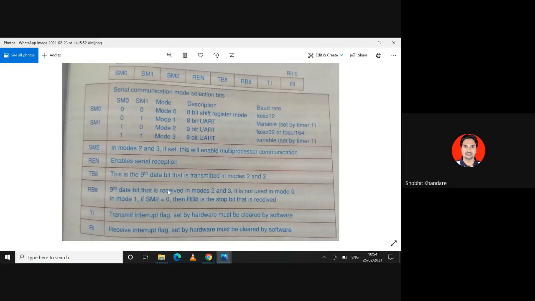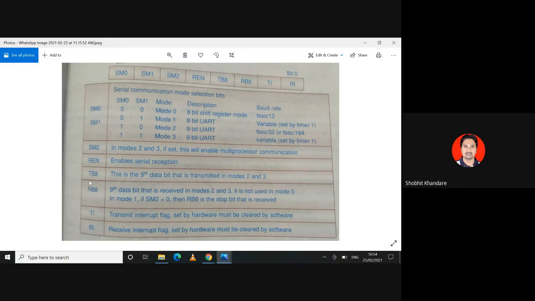Okay, इसका डिटेल एक्सप्लेनेशन will be done when I will be explaining these different mods. So do not panic about what is SM2 and all this. इतना याद रखना कि in mod 1 में अगर SM2 मेरा 0 है, then RB8 is the 9th bit which is received. Similarly, TB8, T stands for transmission, R stands for receiving.